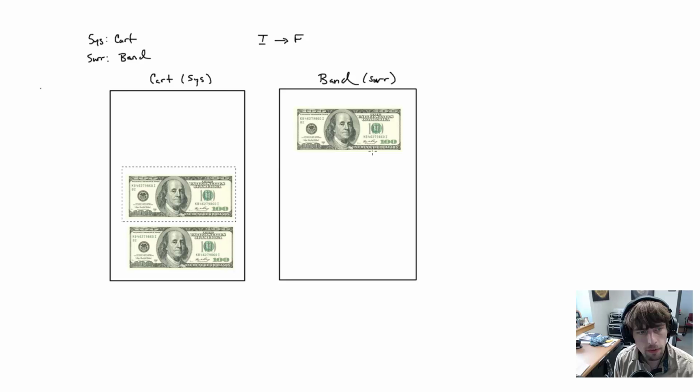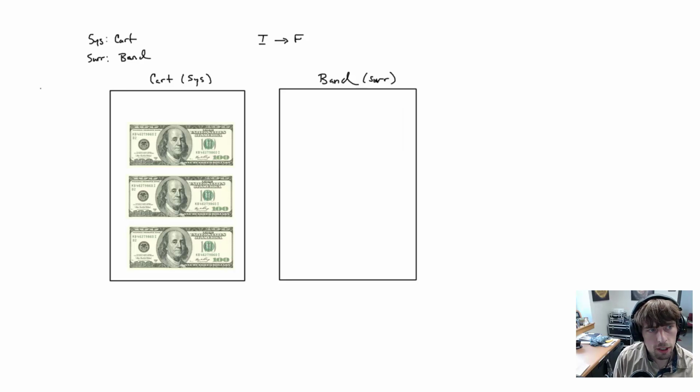Okay. Now, the next question that comes into play is, what happens if the band is actually in our system? In other words, we're taking the band and moving it into our system. Just move it right over.